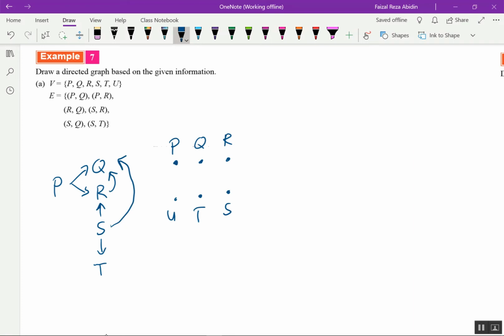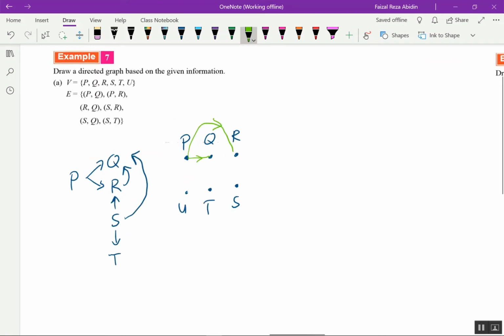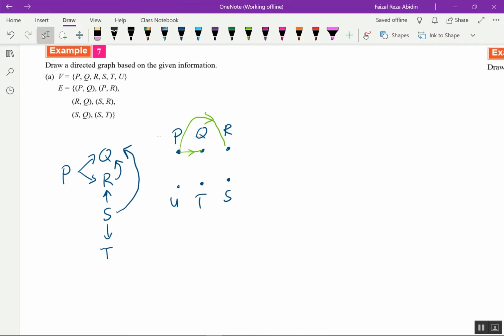If you want to draw, look closely, PQ, we have here. Remember, we must draw the arrow of the direction, and then PR, how do you want to draw? That's why I said, for this example, we cannot draw our vertices like this.